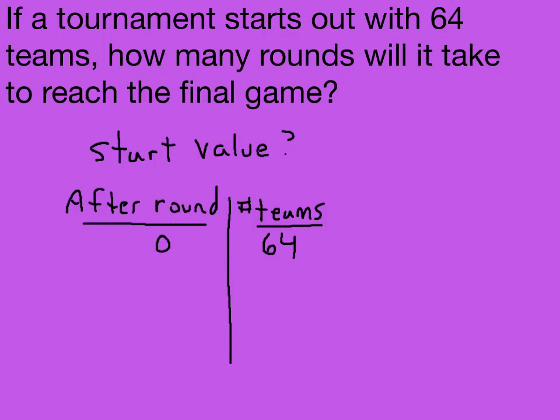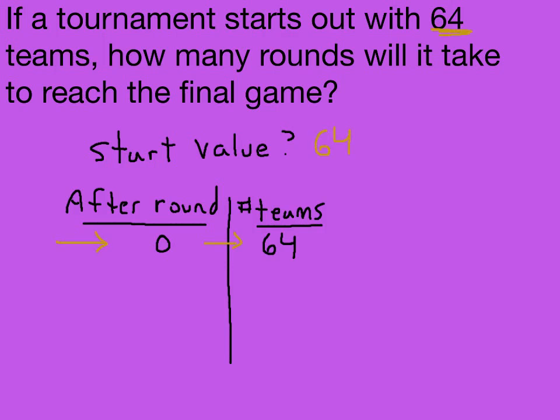Let's try one more situation. If a tournament starts out with 64 teams, how many rounds will it take to reach the final game? Okay, what's your start value? It says right here, starts out with 64 teams. So start value is 64, which I've already put in the table right here.